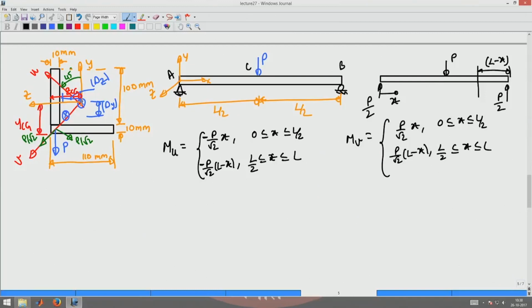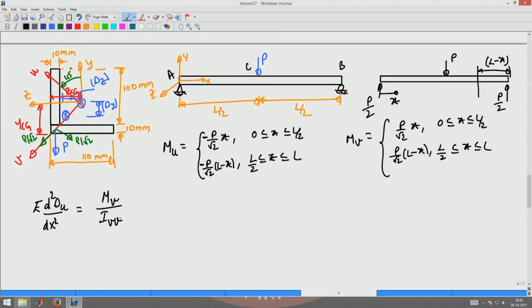Okay, now you know that IUV is 0 since it is the principal axis, and hence E times d square delta u by dx square would be given by Mv divided by IVV.